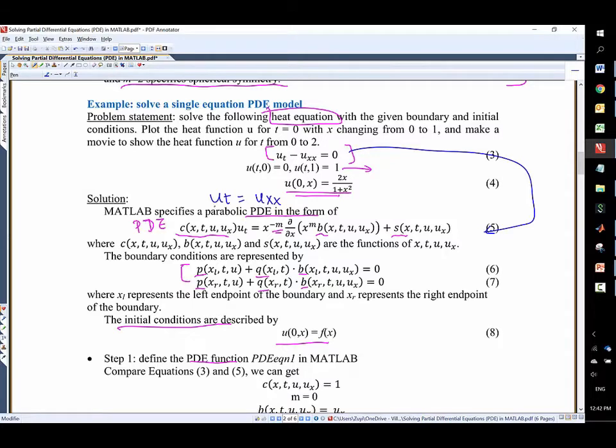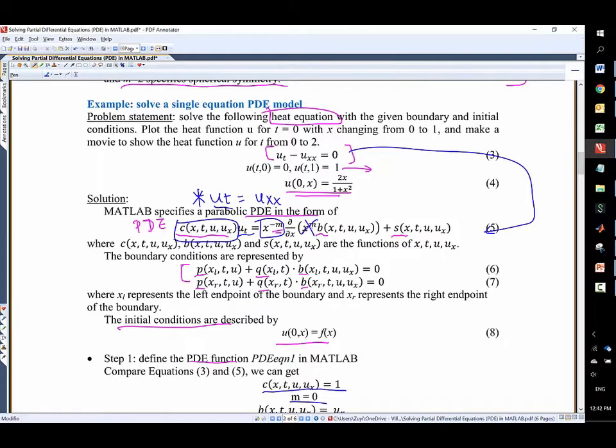So UT means C equals 1. In our PDE we don't have anything here, so M equals 0.